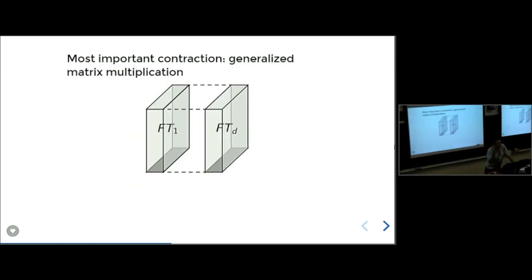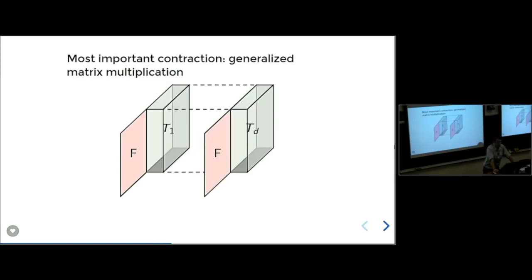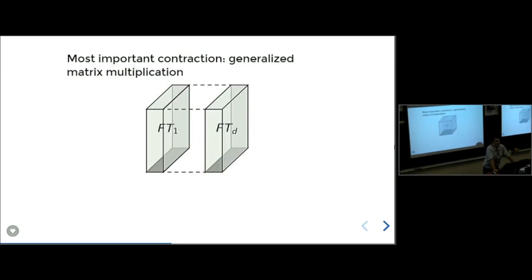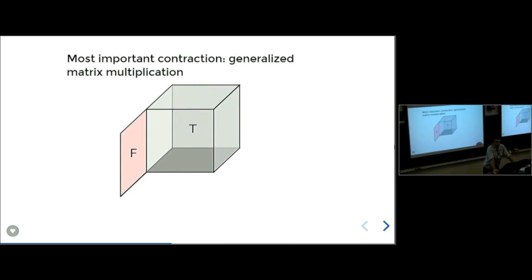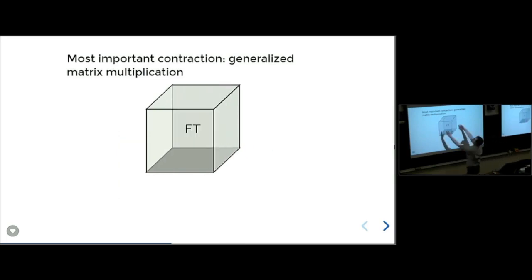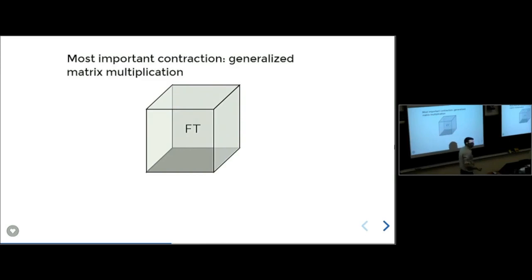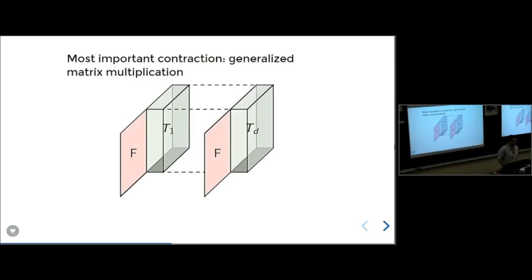Nevertheless, regardless of all the fancy examples that people have, and there are zillions, just Google this, by far the most important is to just multiply matrices. And in here I'm going to multiply a matrix with a larger dimensional tensor. But what I'm doing is I'm taking the entire 3-dimensional tensor, I slice it up, multiply matrices as usual, and then glue them back together. That's my giant tensor contraction.